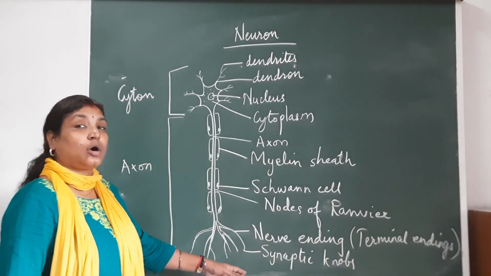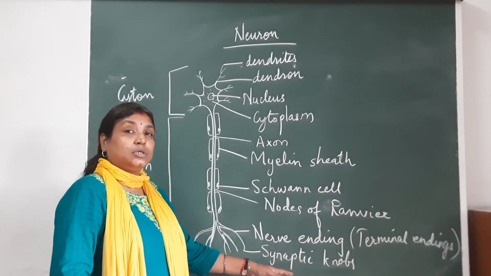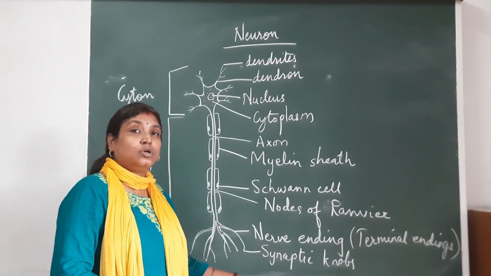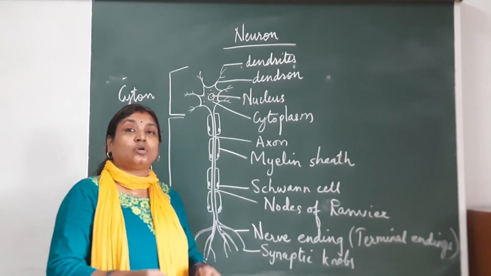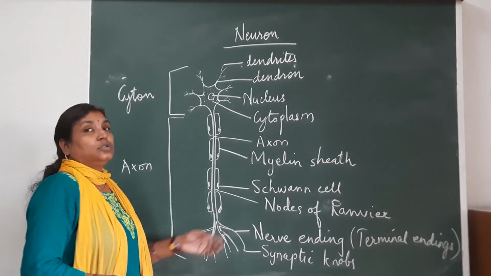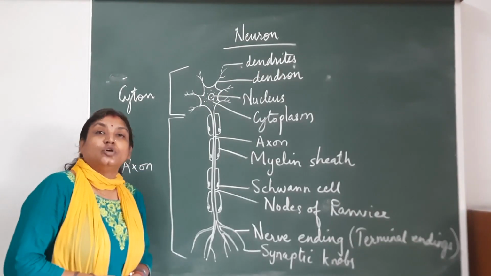These synaptic nodes are filled with certain chemicals called neurotransmitter which help in conduction of impulse from one neuron to another. So this is your general structure of neuron.